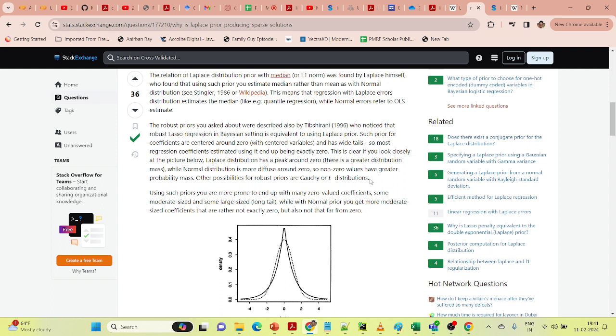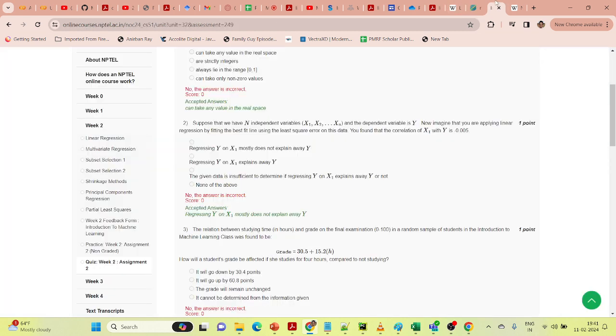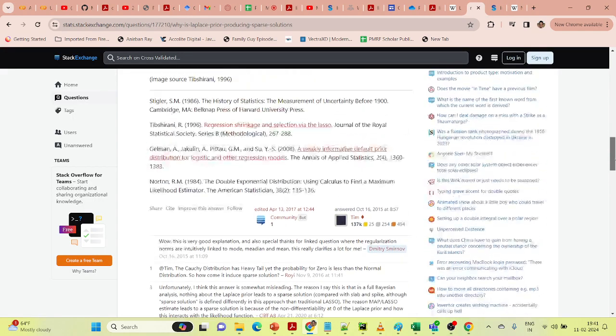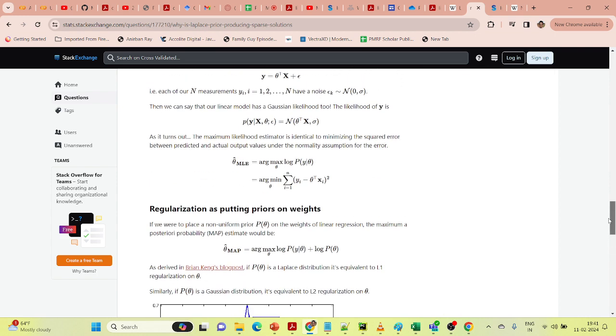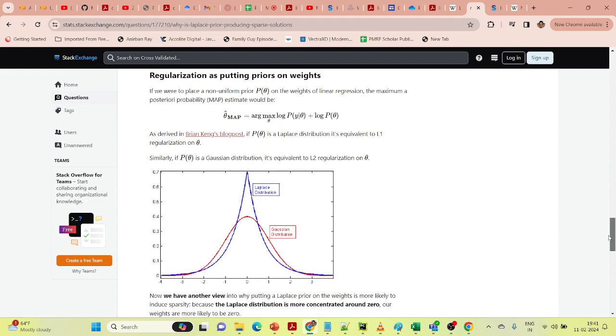Other such distributions which help in robust regression are the Cauchy or Student t distributions, which maybe you'll learn in the probability course. I will not go there. And you can see the different ways MAP is explained here.